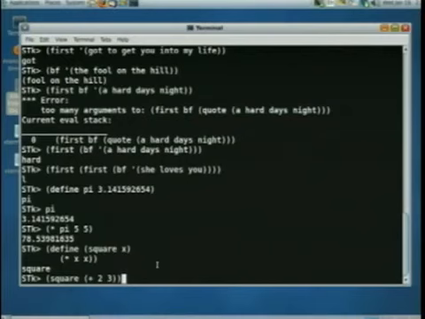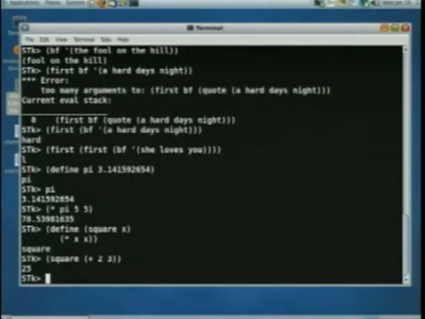So we get the value 5. Good. And now, in the body of square, which is this expression here, wherever we see an x, we put in 5. And so we get times 5, 5, and that's 25. OK? So that's the rule of evaluation for Scheme, almost always. There are a few exceptions.